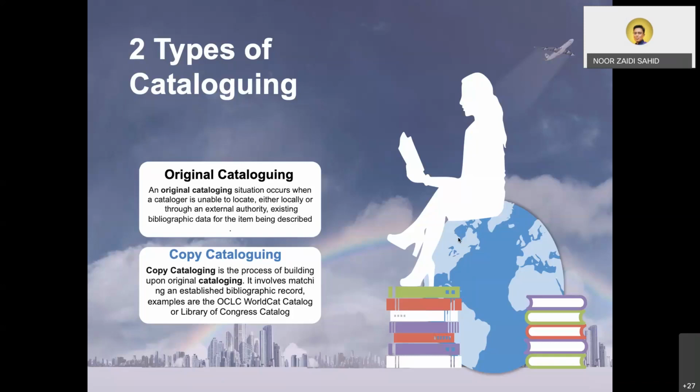Begitu juga negara-negara yang lain, they have their own National Bibliographic Agency. So fungsi National Library selain daripada menyediakan perkhidmatan dan mengeluarkan dasar, at the same time they act as a National Bibliographic Agency that represents the country.